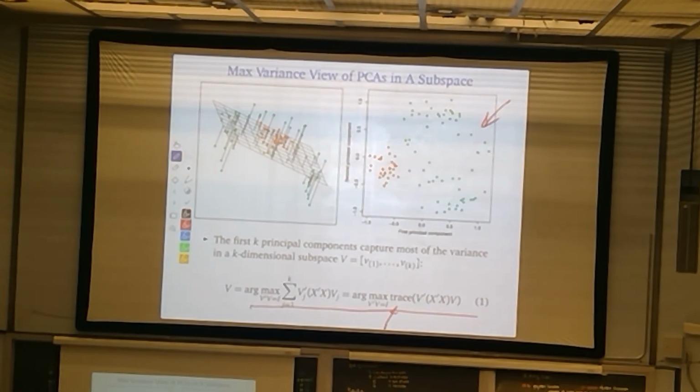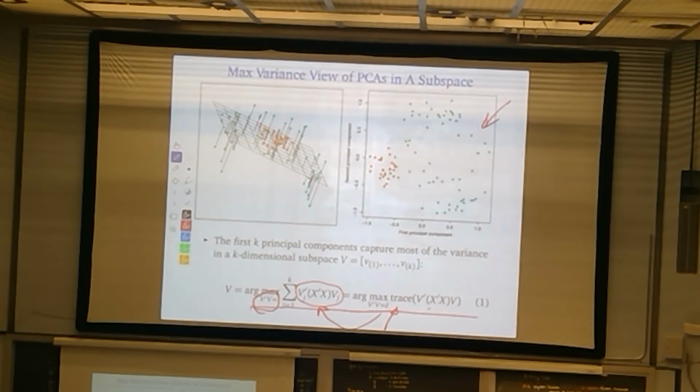In the K space, it's exactly this: you add up all the projection variance subject to the constraints that all the axes are orthogonal to each other, and it can be written in a compact matrix form using the trace operator. This is just a notation change. There's no fancy math involved.